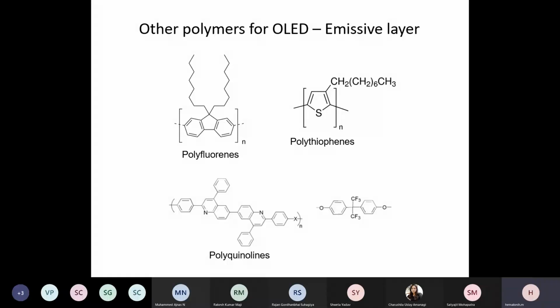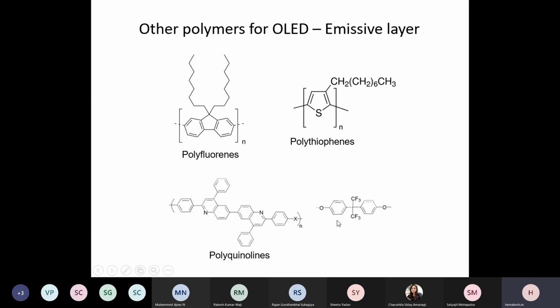Okay, so other polymers that are used for emissive layer, polyfluorenes. So it's not fluorine as in fluorine atom, so it's a different spelling. So this group is called a fluorene. So those kind of polymers are also popular. Substituted polythiophene are also seen. Polyquinolines, we looked at this in the dielectric topic, but quinoline has these kind of fluorescent properties as well.